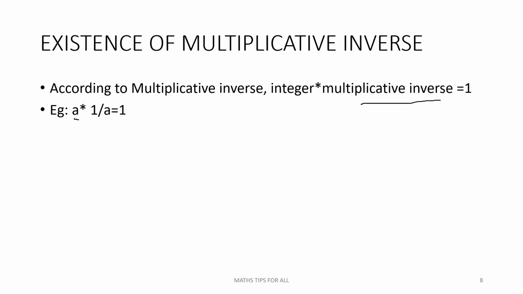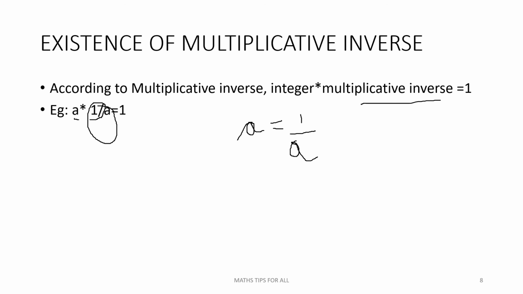For a, we are multiplying with its multiplicative inverse. What is the multiplicative inverse of a? The multiplicative inverse of a is 1 by a.